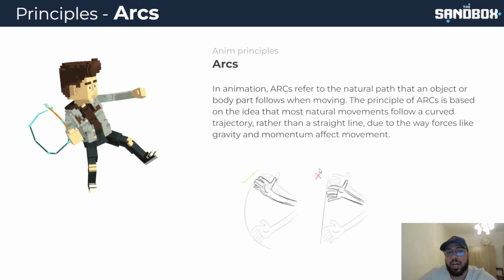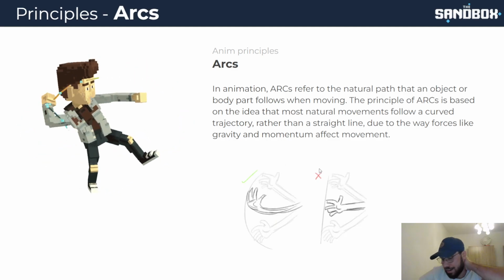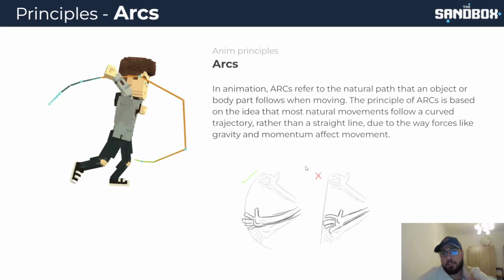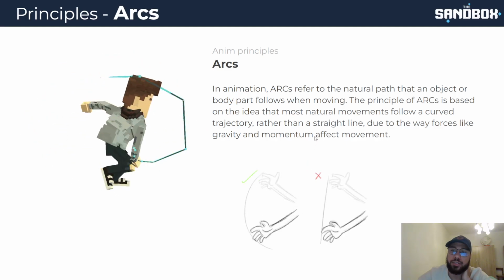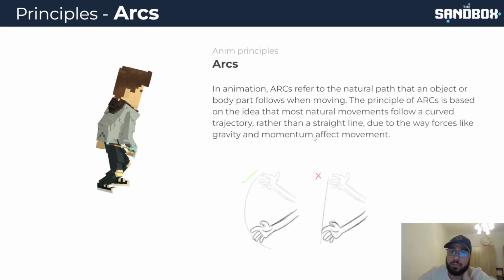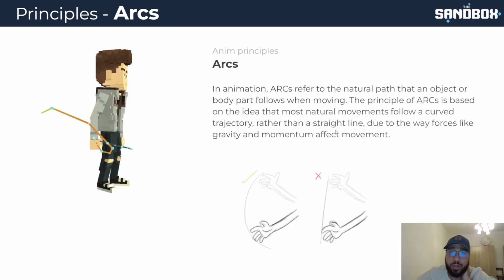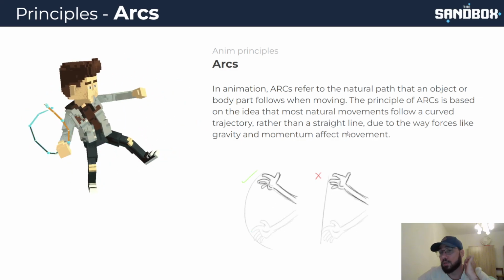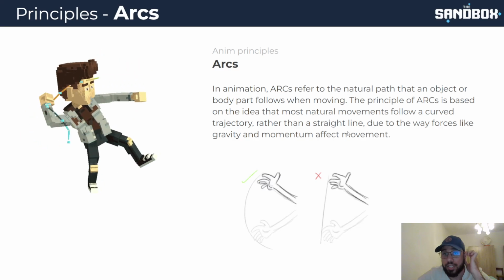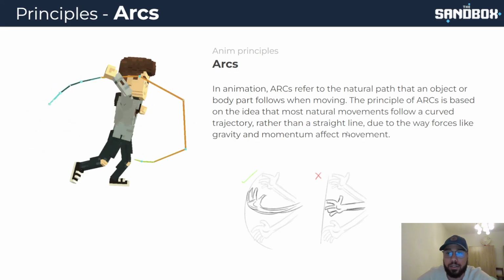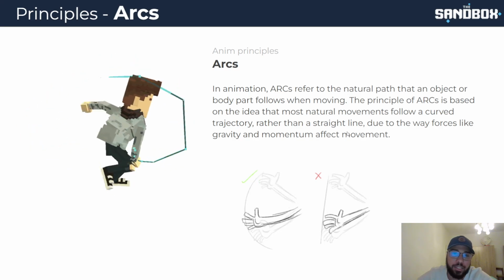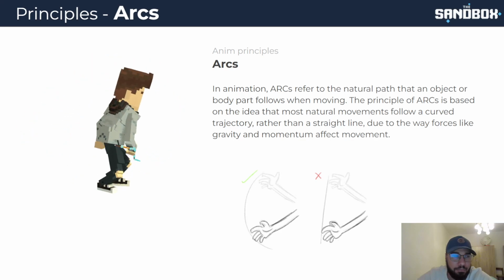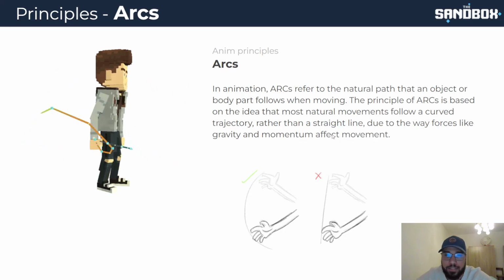So now, what are arcs? In animation, arcs refers to the natural path that an object or body part follows when moving. The principle of arcs is based on the idea that most natural movements follow a curved trajectory rather than a straight line.